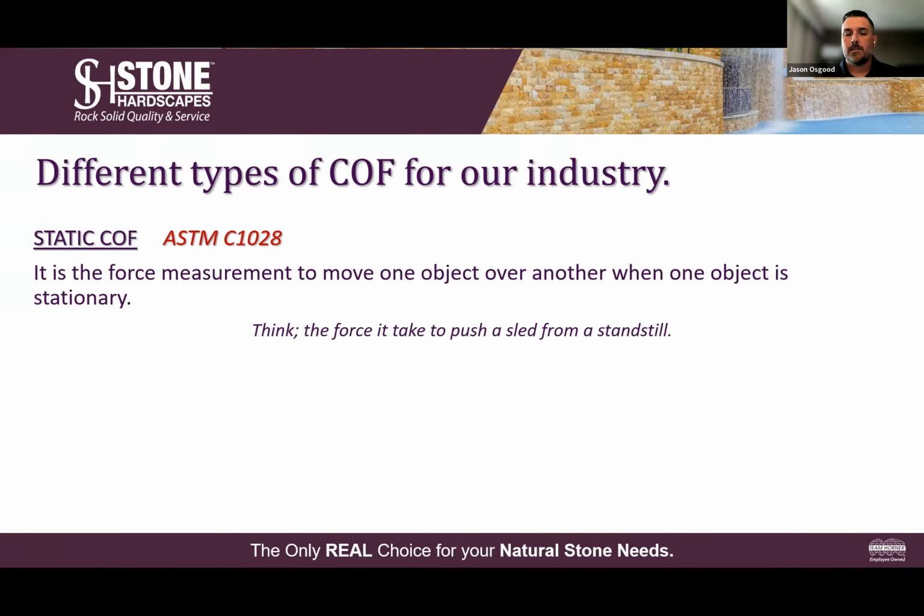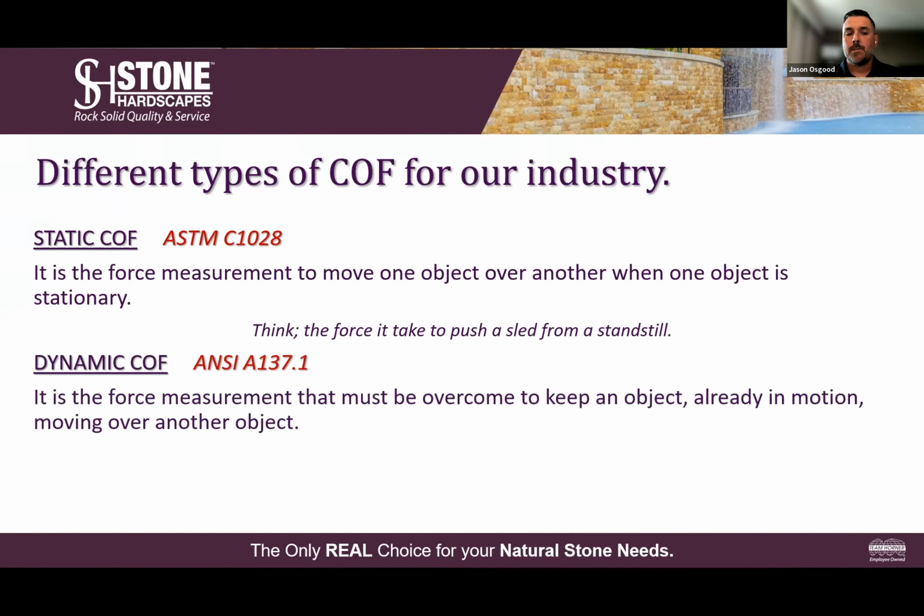That's a static coefficient of friction. The newer dynamic coefficient of friction, the ANSI A137.1, is the force measurement that must be overcome to keep an object that's already in motion moving over another object. So think of that as the force it takes to keep that sled in motion. Once you get that sled started, the force it takes to keep it going, that's dynamic coefficient of friction.